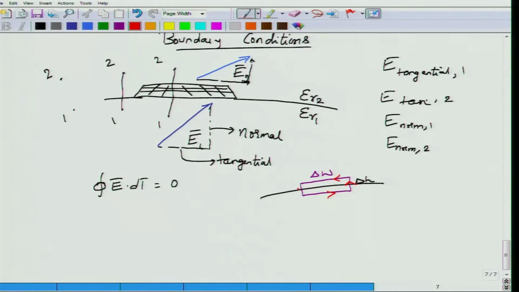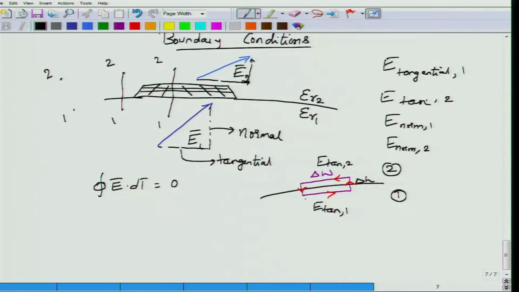Now inside the material with dielectric 1, outside, I mean the second medium is dielectric 2, the tangential electric field that would be there along this path will be say E tan 1, and outside here will be E tan 2. Along delta h here there will be half of E normal 1 and half of E normal 2, right. So E normal 1, E normal 2, they will be multiplied by respective delta h by 2.